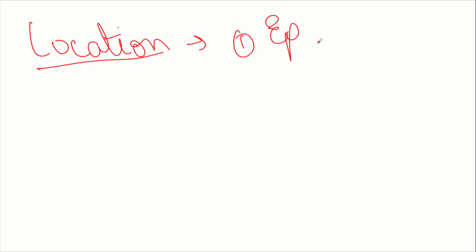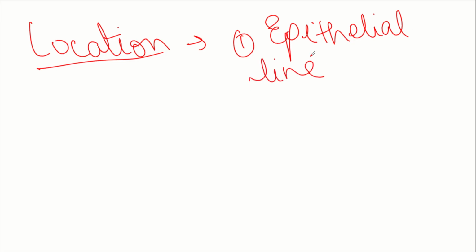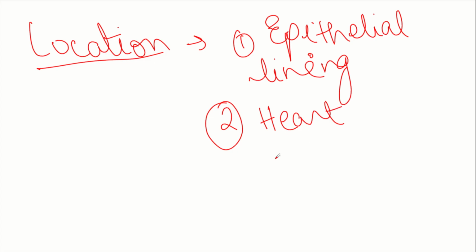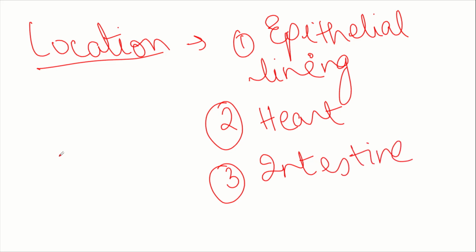Location. They are present in epithelial lining, and also in heart and intestine. So how do these gap junctions look mainly?